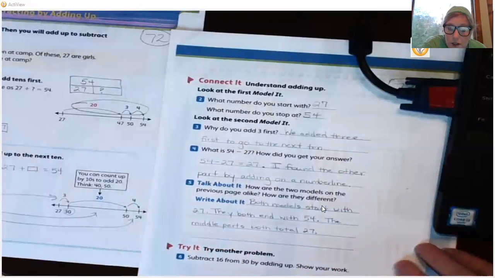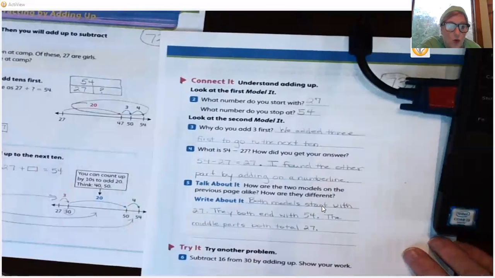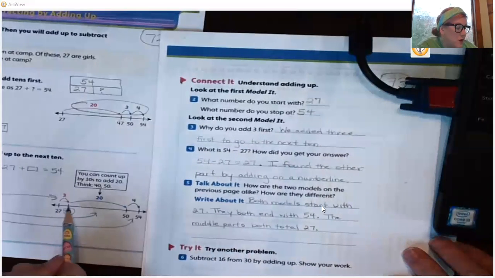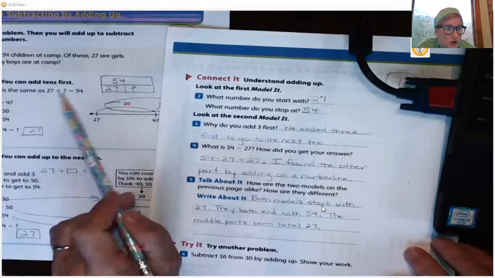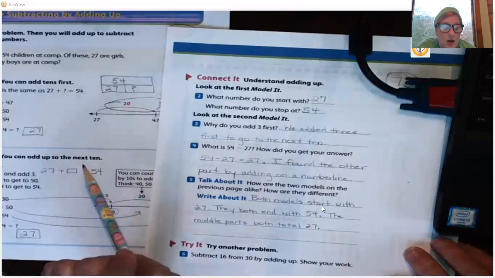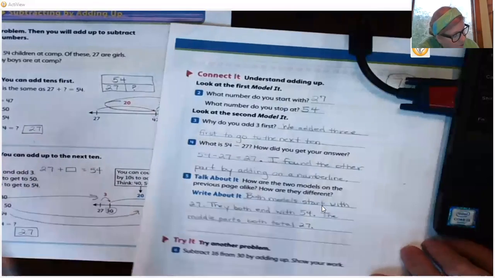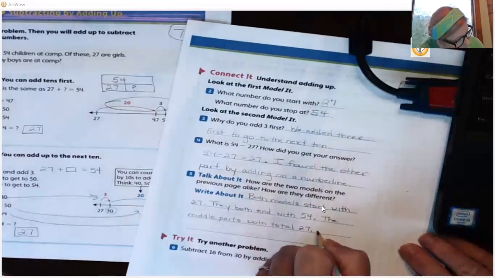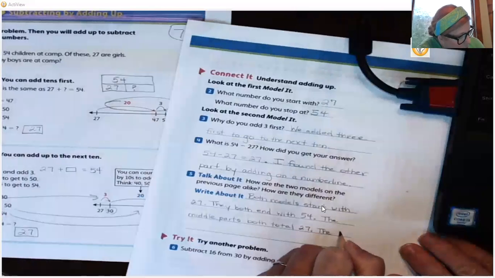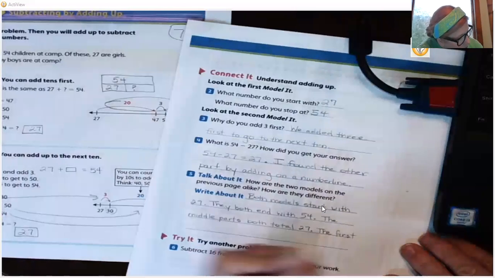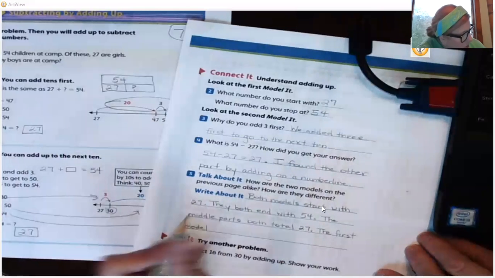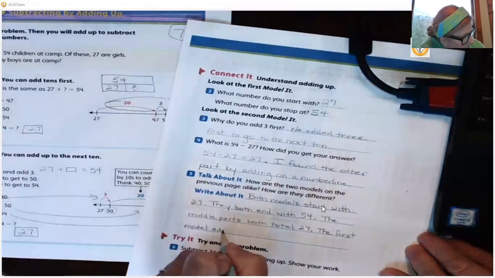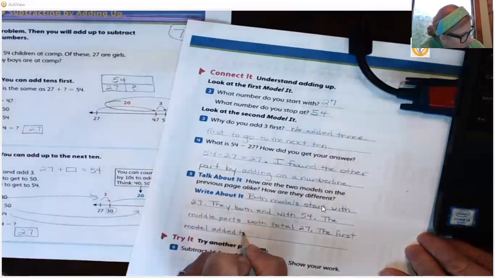How are they different? Well, we use different numbers to count up. And how are they different? This one added the tens first, and this one added up to the next 10. So you could say the first model added tens first.